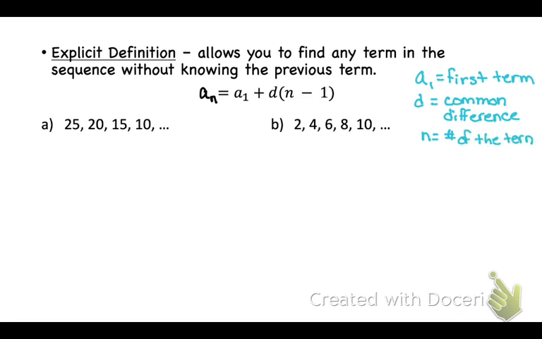So like if it's the fifth term in the sequence, N is 5. Okay? And A sub N is the actual term. Is the value of the term. How about that? Does that make more sense?